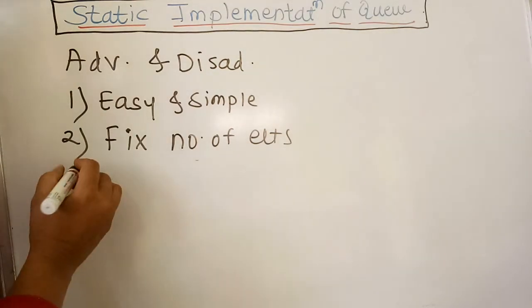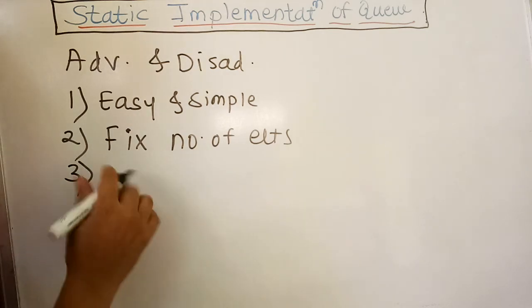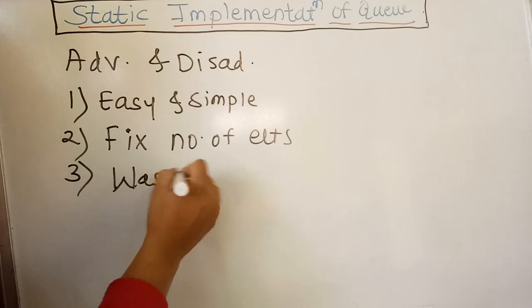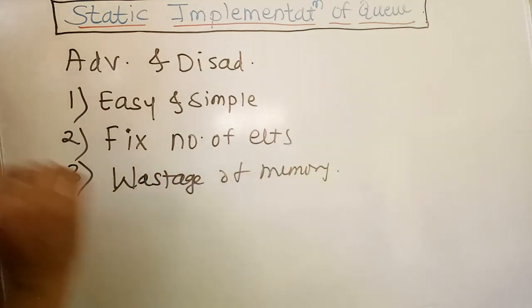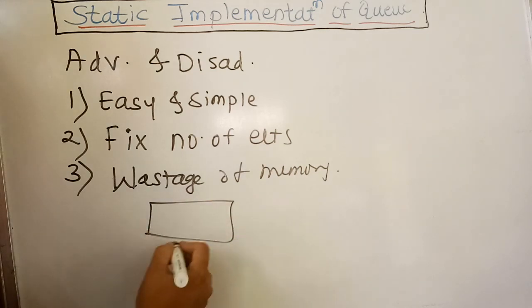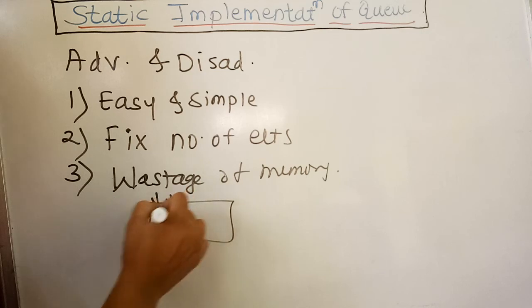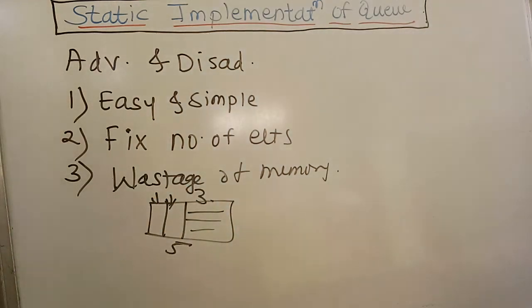Third, one most important disadvantage is the wastage of memory space, because if we declare an array of size 5 and we are only using two spaces of that, the remaining three are going to be wasted because we are not storing any data in them.